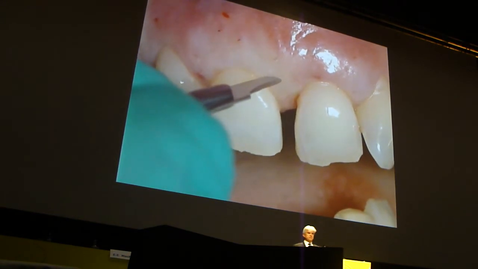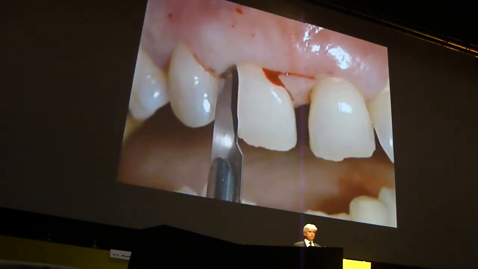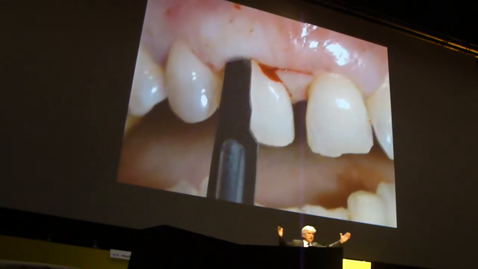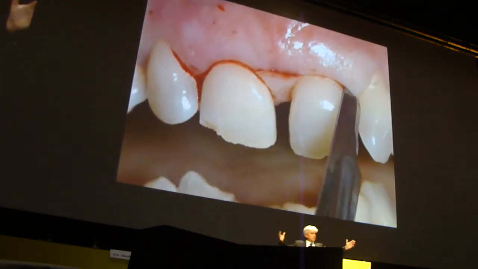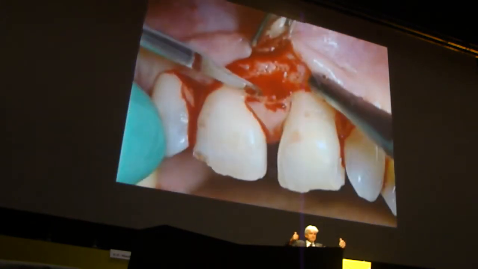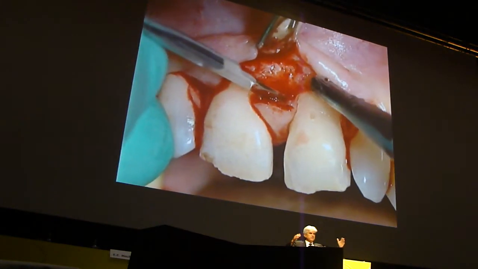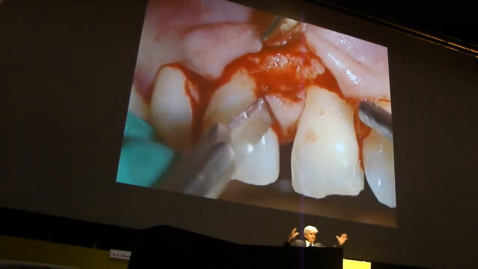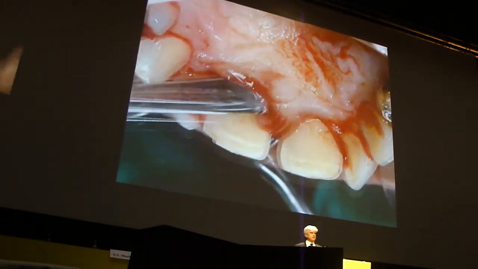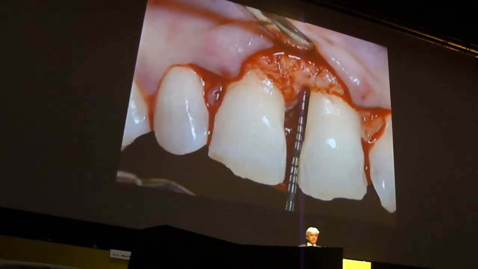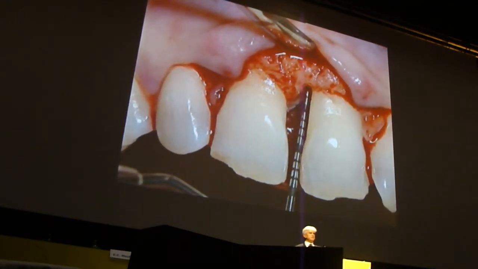This is a video done in 1992 showing a large papilla preservation flap. This flap was designed to host barriers, exposed a lot of bone with horizontal extension and apicocoronal extension, and the papilla was preserved and reversed on the palatal side.